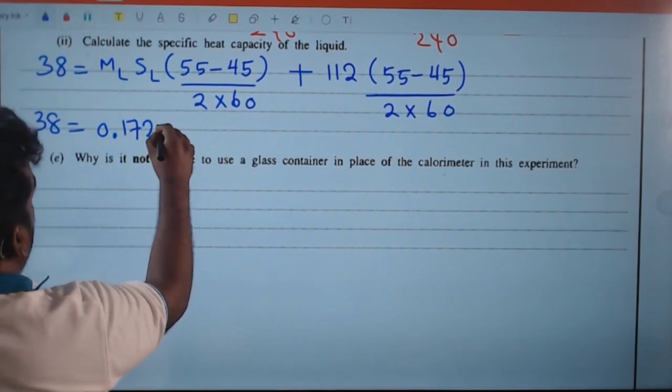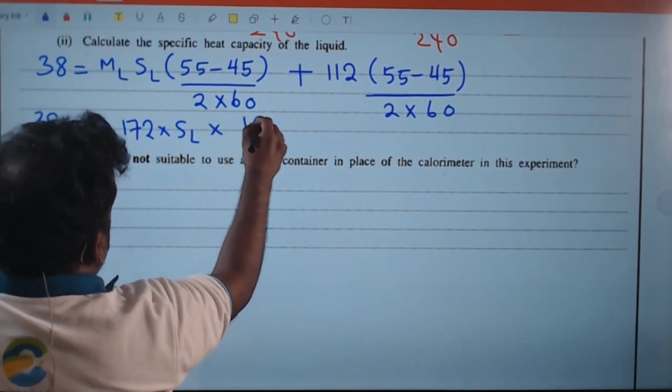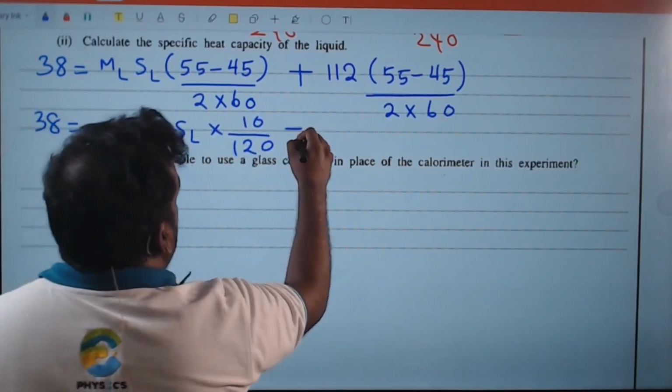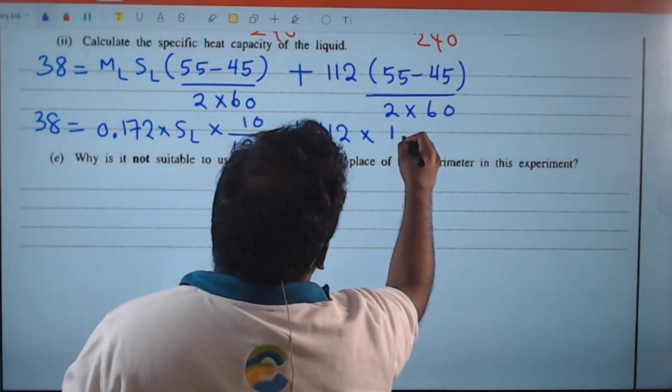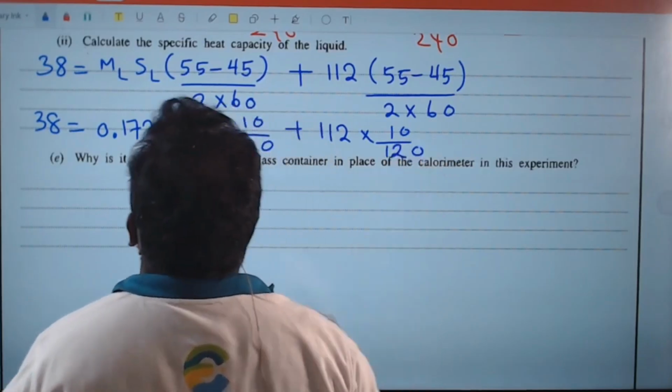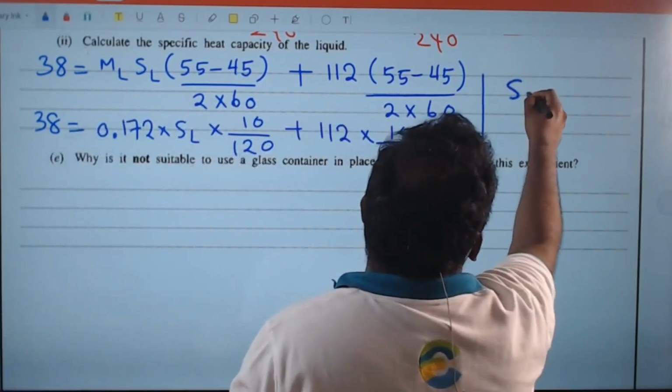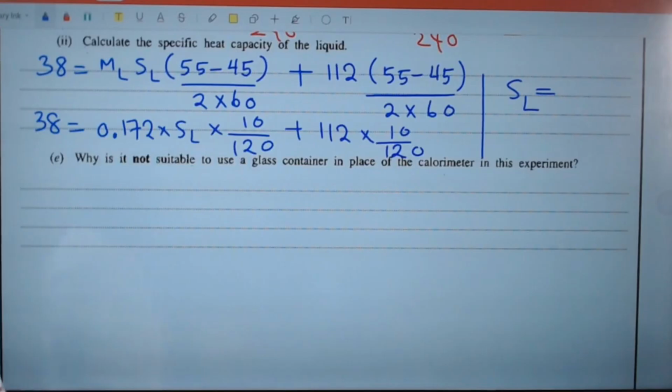Simplify this, you can find the specific heat capacity of the liquid.